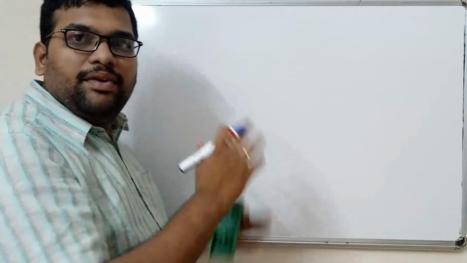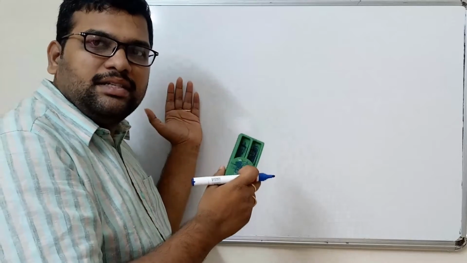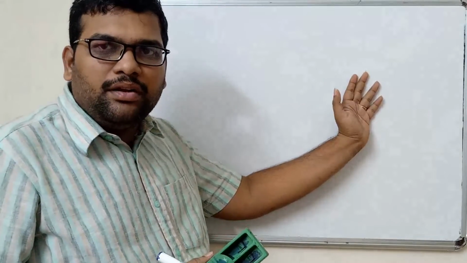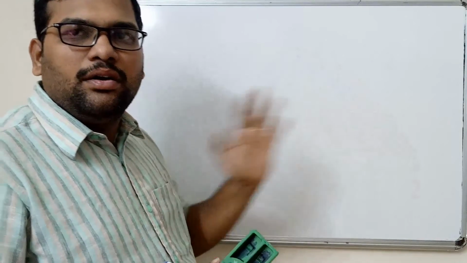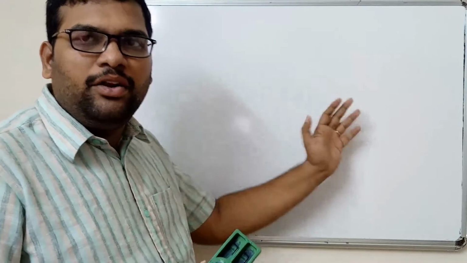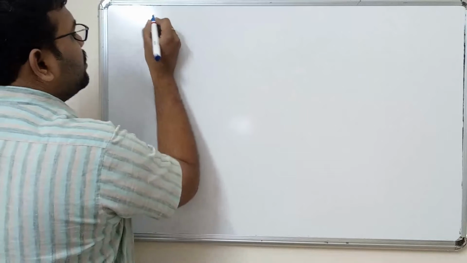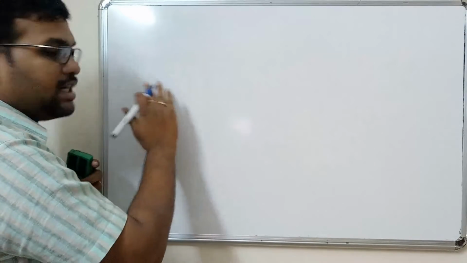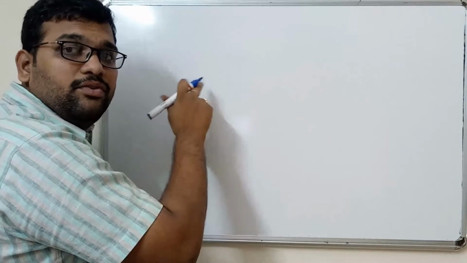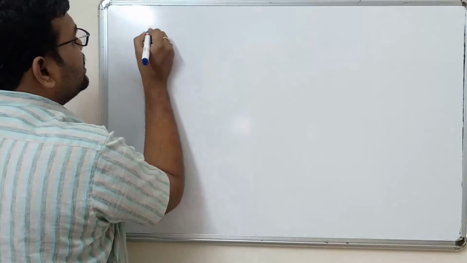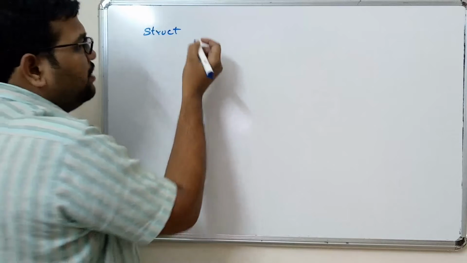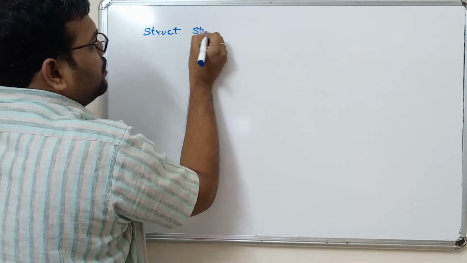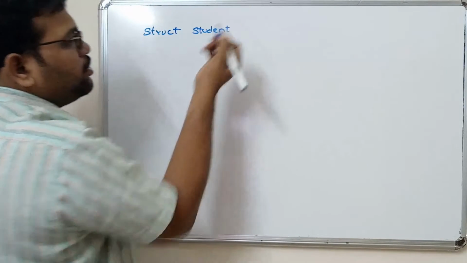I will define one structure and one union so that we can see the difference between the structure variable and the union variable. For defining a structure, we have to use the struct keyword. So struct, write the tag name here: struct student.